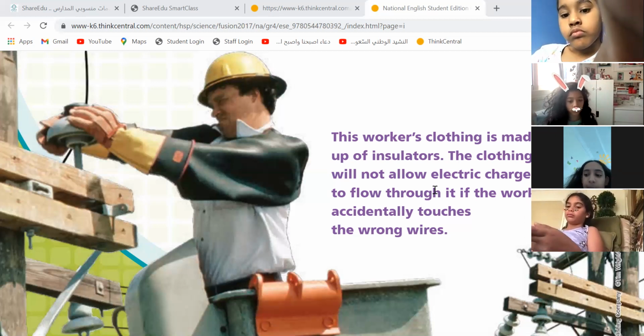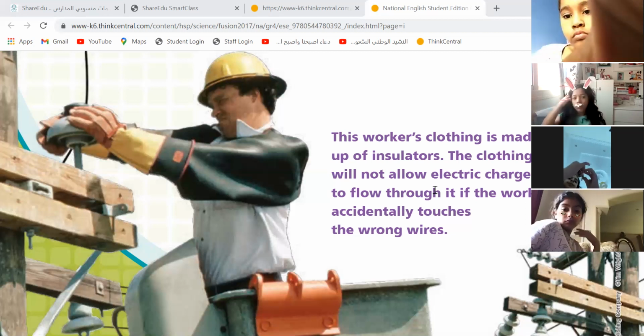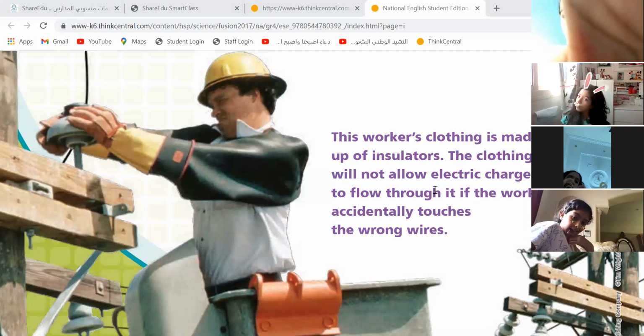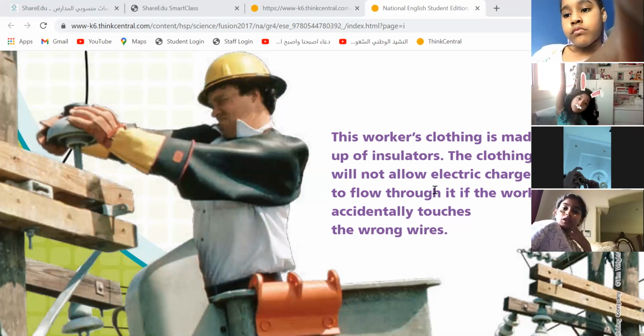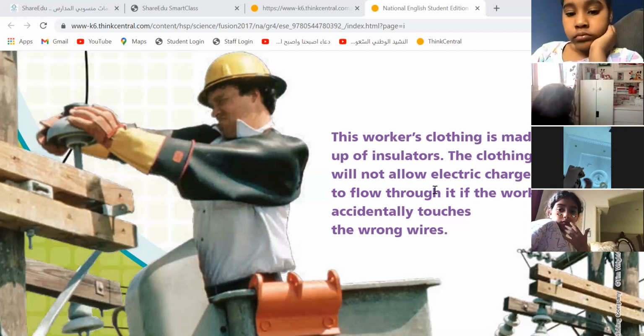So what's inside? Insulators or conductors? Conductors, because they move electricity. And from the outside, they are covered by what?